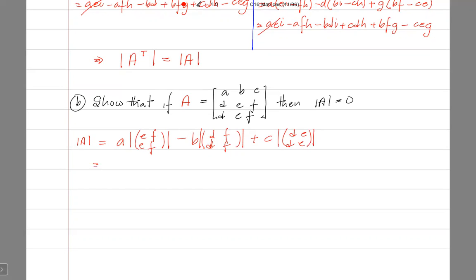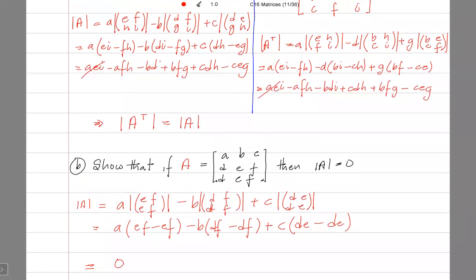So this is A, EF minus EF, minus B, DF minus DF, plus C, DE minus DE. So very easy to see that this is A times 0, minus B times 0, plus C times 0, which is 0. The determinant here is equal to 0.